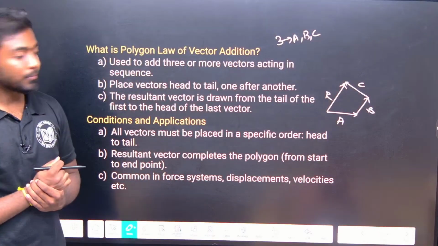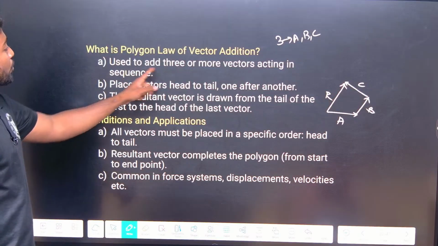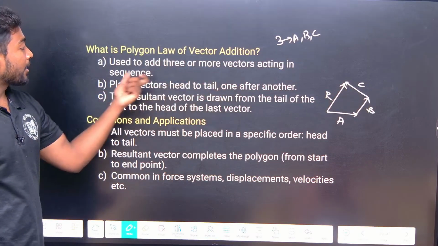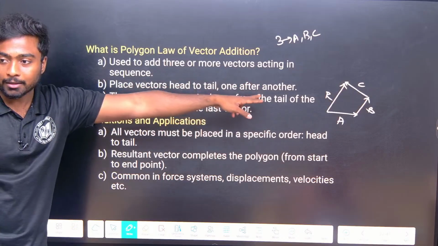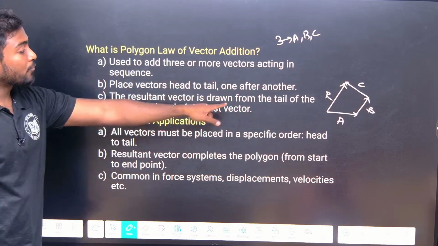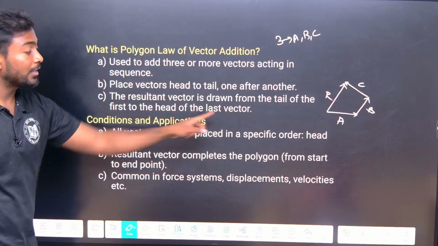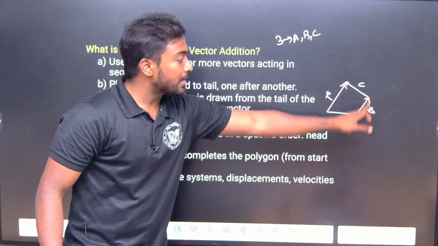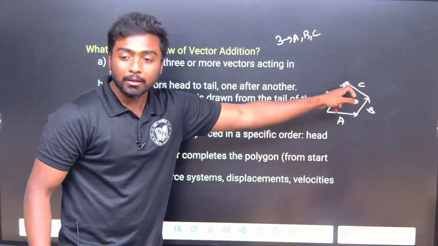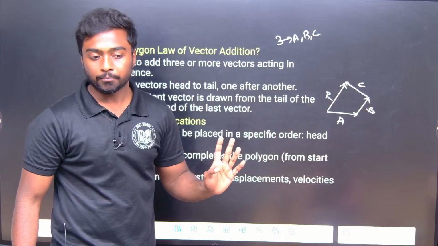Resultant vector. Okay. So now you see, it is used to add three or more vectors acting in a sequence. Place vectors head to tail, one after another. The resultant vector is drawn from the tail of the first to the head of the last vector. That's the thing we have done, no? Like A, B, C. So from A to C, I have drawn the resultant. Okay.